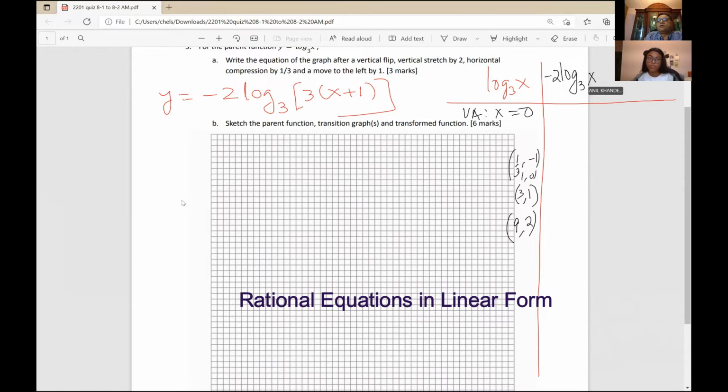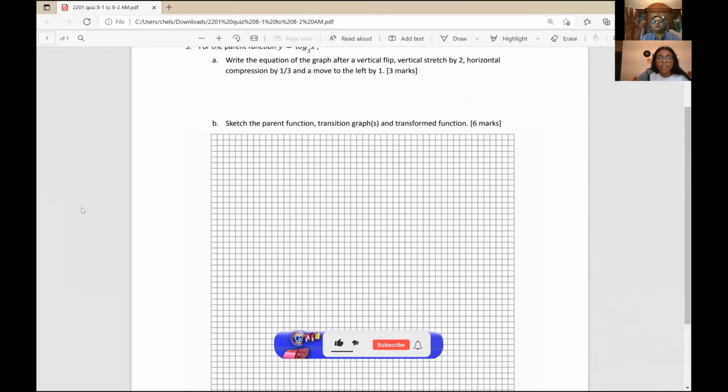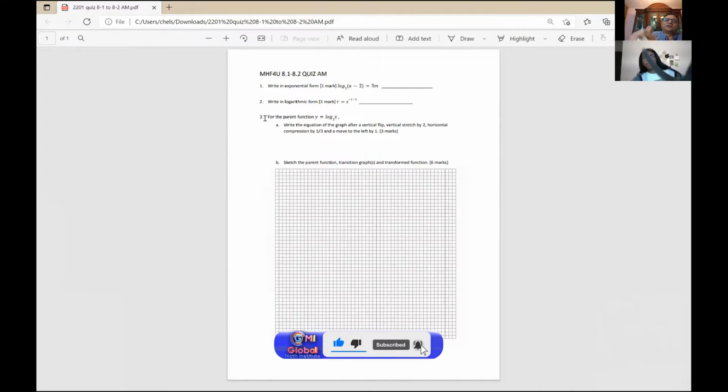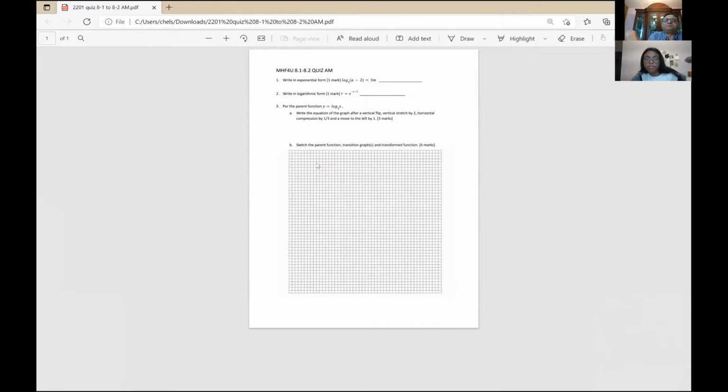Then we can take minus 2 log. Let me clear this. Can you reduce the screen so that I get more space to make this big table? Yeah, that's good.